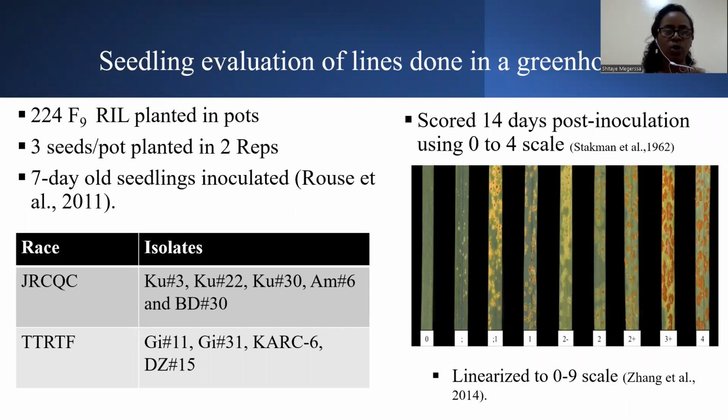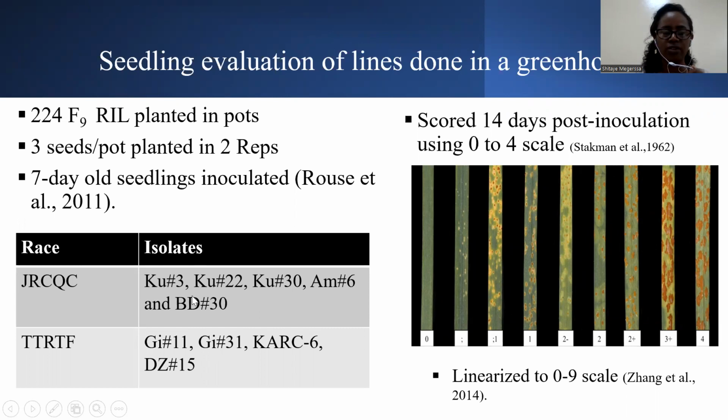And we used a population of 224 F9 recombinant inbred lines. These were planted in pots filled with media, and we planted 3 seeds per pot in 2 replications. Then 7-day-old seedlings were inoculated with spore suspensions based on the protocol developed by Rouse et al. This table indicates the races and the isolates.